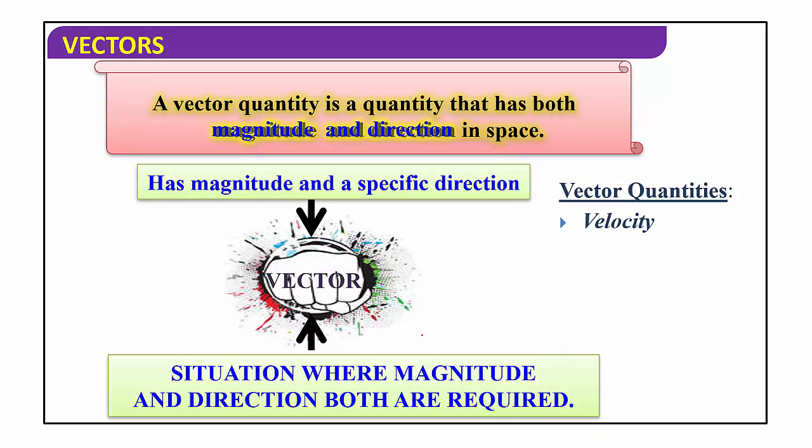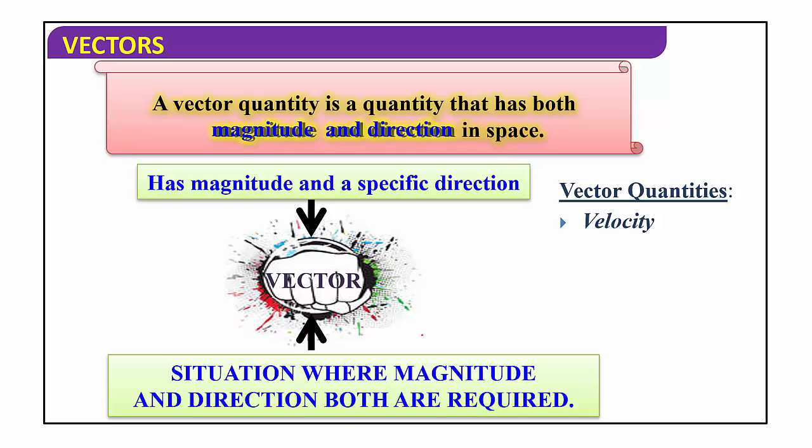Then you can observe the example, velocity. For example, I can take 5 meter per second. Whether it is a scalar quantity or vector quantity, it is a vector quantity because how to define velocity? Rate of change of displacement. Displacement is having magnitude as well as direction.